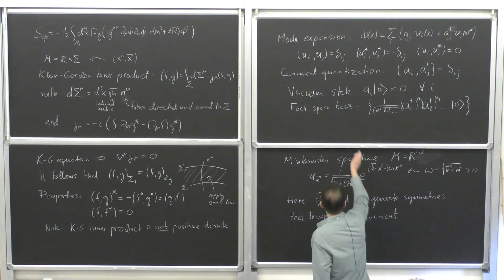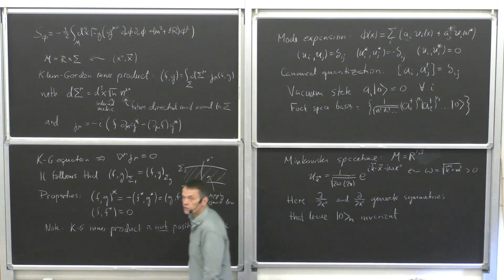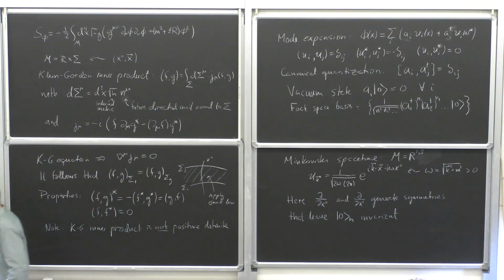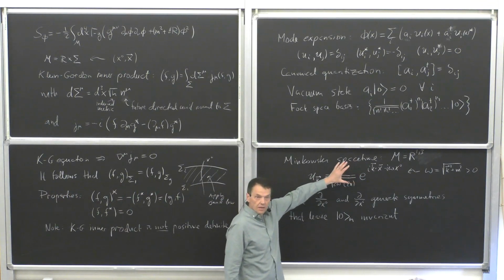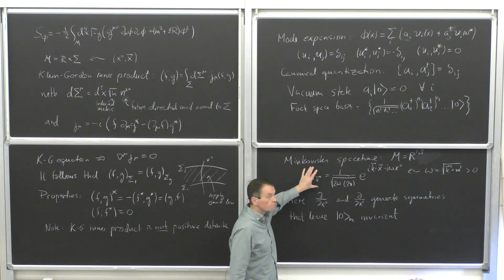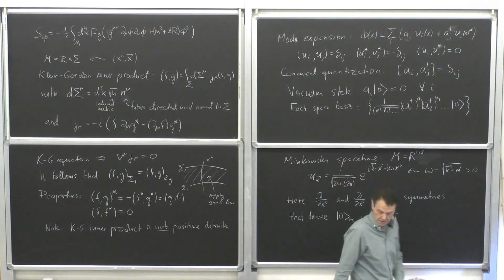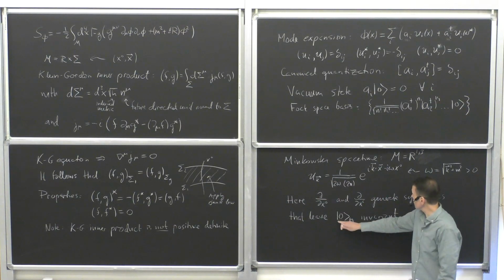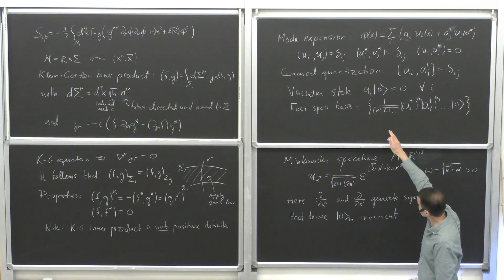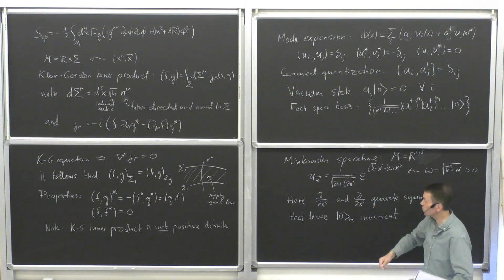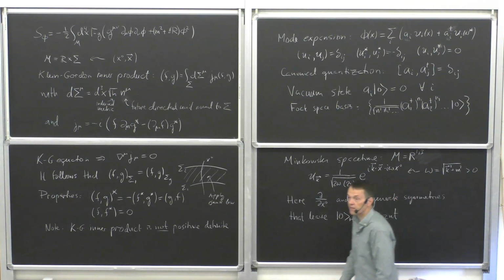So if you've solved your Klein-Gordon equation in one set of coordinates, in one inertial frame, in Minkowski space, you can carry out an arbitrary Lorentz transformation, and you will find that, sure, you'll get another mode expansion in the new coordinates, but the annihilation operators in the new basis will actually annihilate the same vacuum.